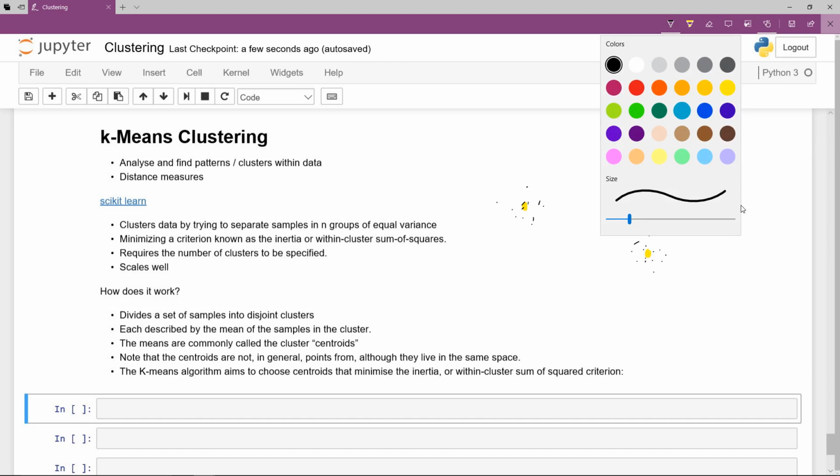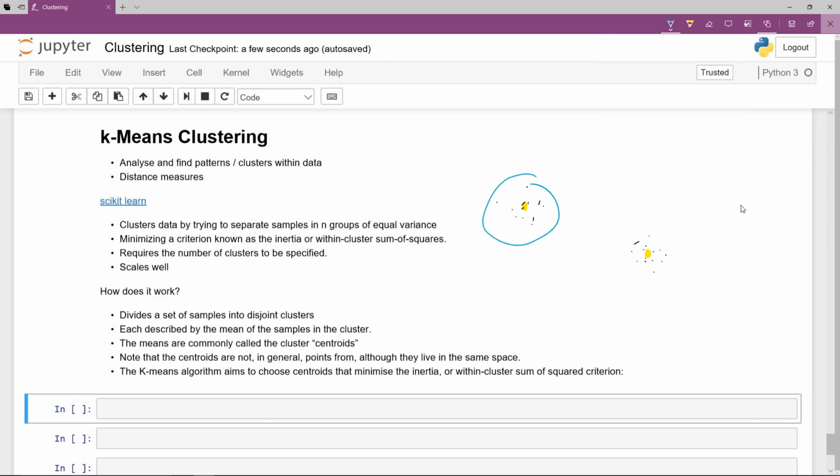They are in this space, and these samples are in this space. But the actual centroid itself may not be the actual sample itself. So that's really what that point here is saying. They are in the same space, which is what this is saying, but they are generally not one of the points.